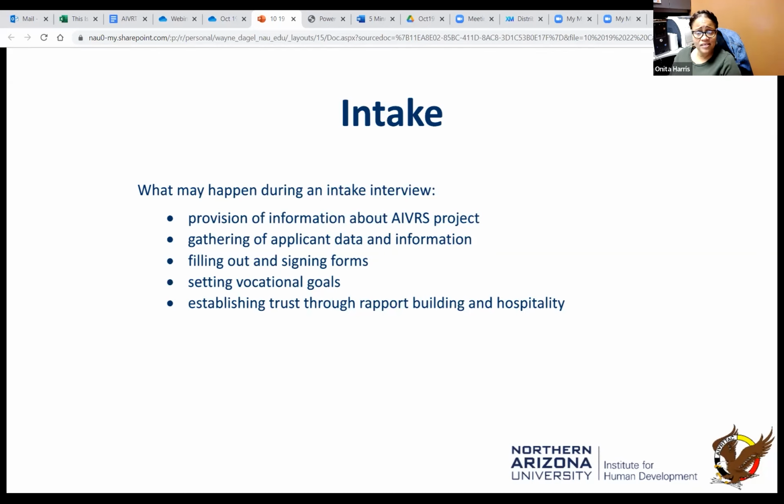I like to explain to consumer applicants that VR is not what we call a quick fix. It's more of a long-term process, and could be a slow process for some who are ready to go to work immediately. But I tell them, we like to look at what can we do to help you get to a career versus finding a job.